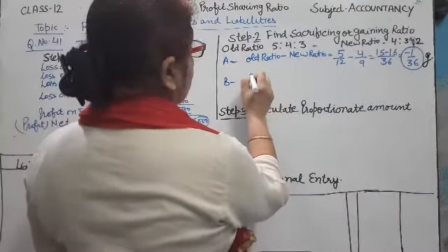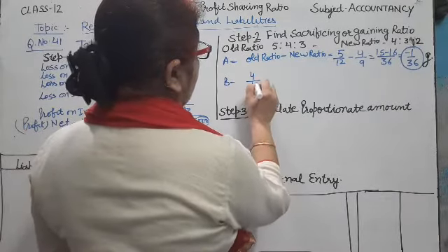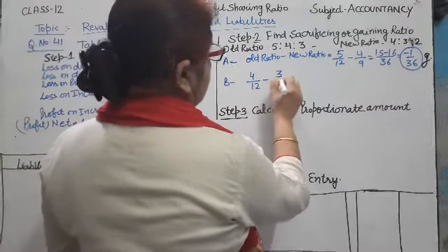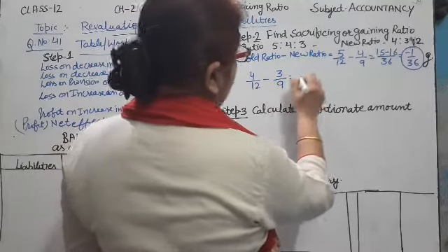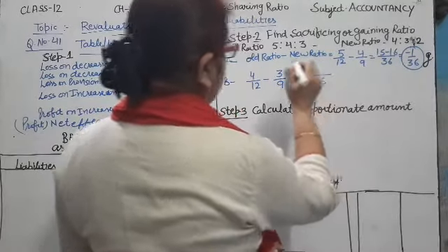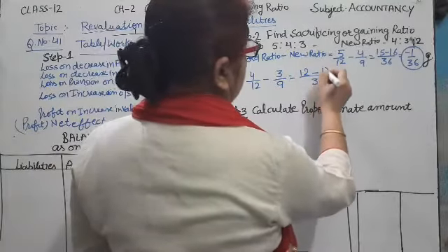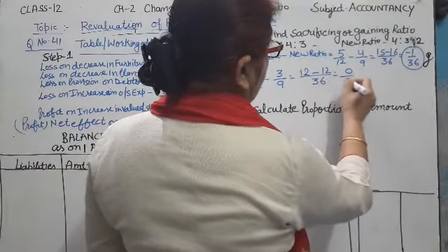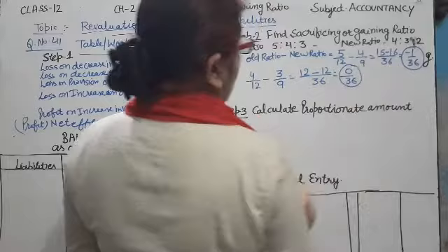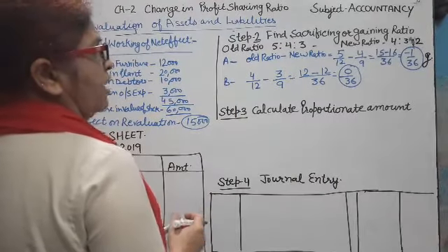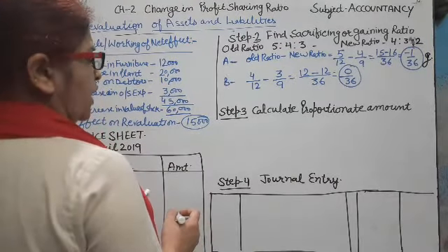B old ratio is 4/12 minus 3/9. LCM is 36. 3, 12, 0/36. That means it is neither gain nor sacrifice.